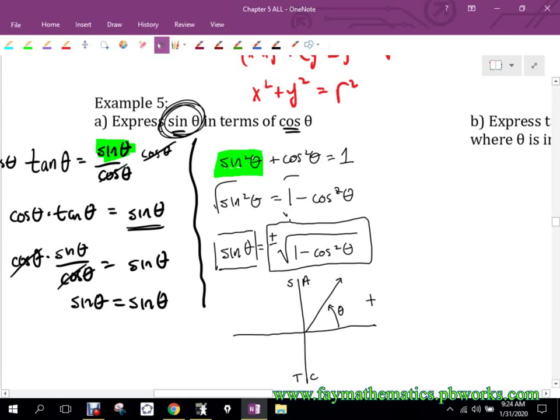Okay. So here's the thing. When we evaluate cosine or sine, any number you plug in for theta gives numbers between -1 and +1. We'll talk in more detail about that in Chapter 6.